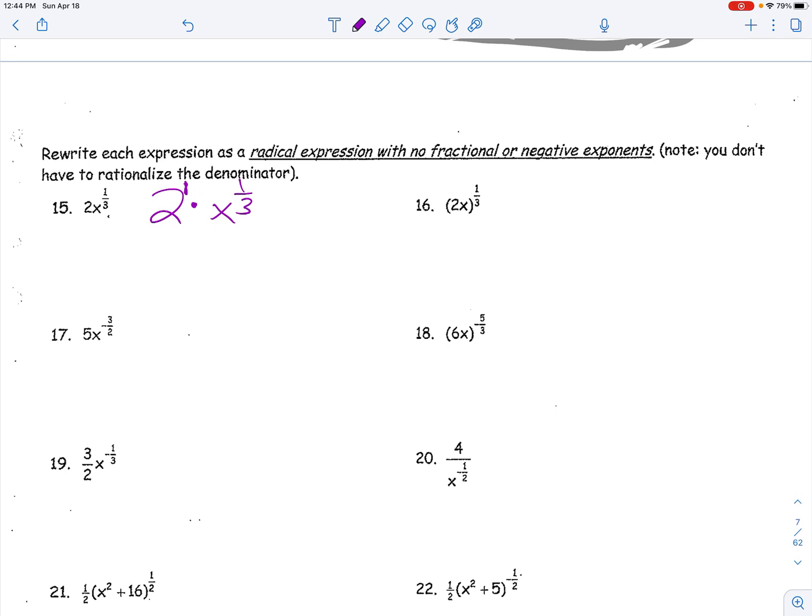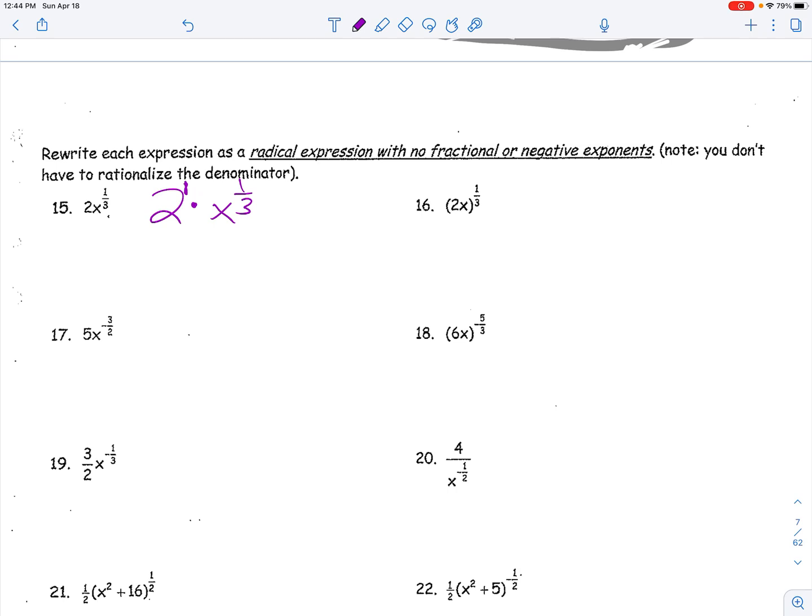If 2 was being raised to the 1/3 power, that would be number 16 actually, right? You would have that whole base, that whole quantity 2x. All right, so that's 2 to the first there in number 15.